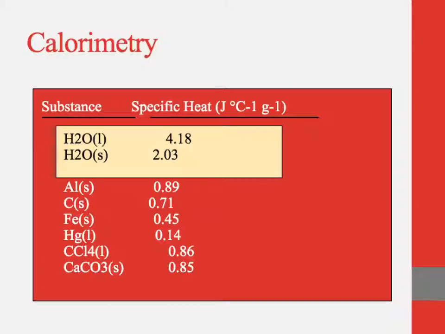And this should make sense because it has to do with particle position. Particles in a solid are closer together, therefore they can transfer their energy to particles that are closer to them than particles that are further apart.